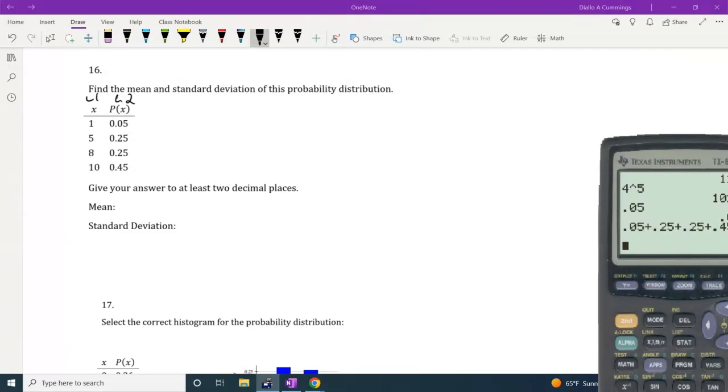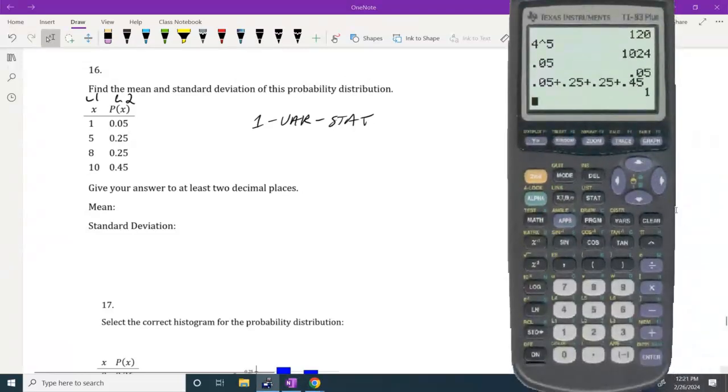Instead of using the mean function, since this asks for the mean and the standard deviation, I want to use the one variable statistics. So the random variable is list 1 and the probability is list 2. In order to access the list, I'm going to hit stat, and choose the first option, which says edit.